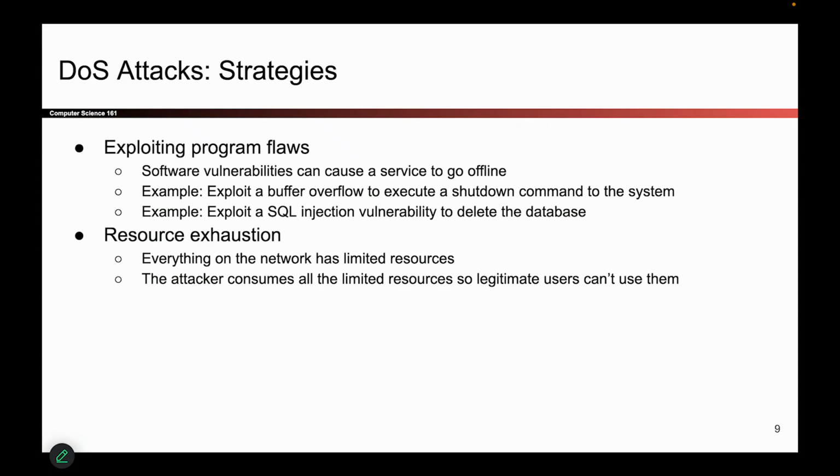And the way to stop it is to make your service harder to hack into using all the defenses we've talked about. That's basically all we're going to say about that section because it's similar to all the other attacks we've already seen where people hack into our system. The only difference is now, instead of stealing our secrets or running code, they just want to crash our system after hacking into it. That's one possible strategy.